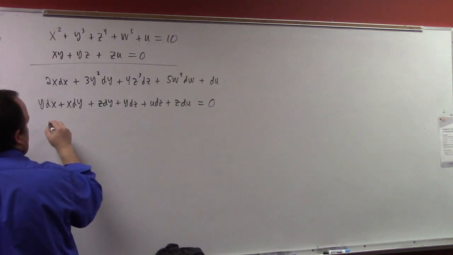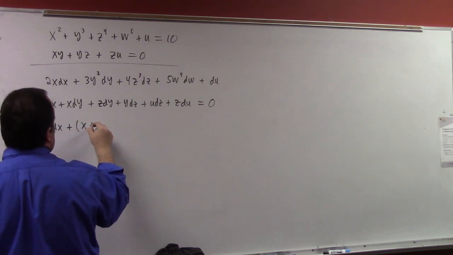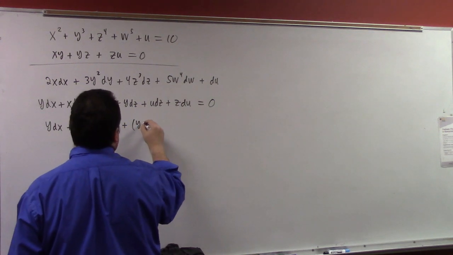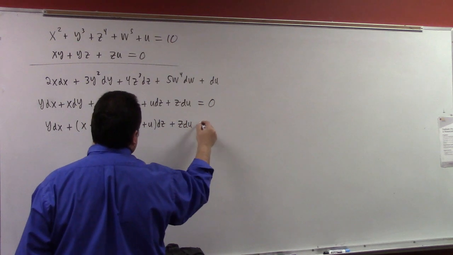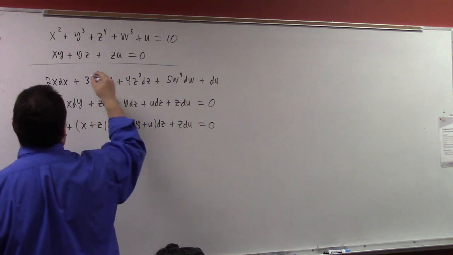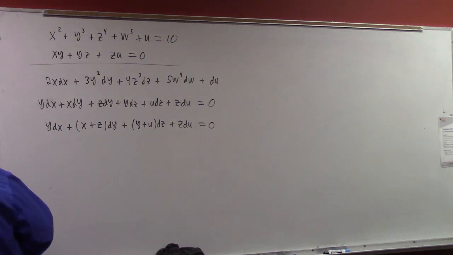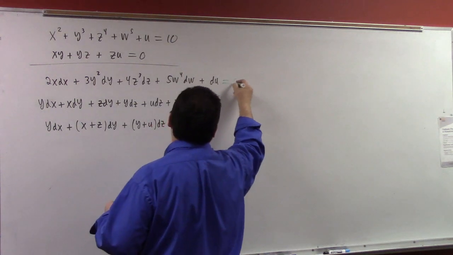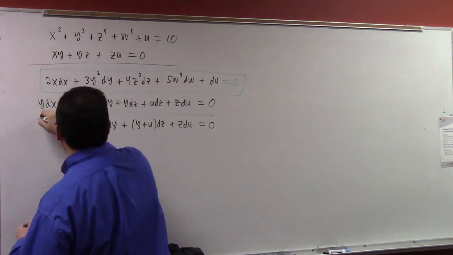So I have y dx plus (x plus z) dy plus (y plus u) dz plus z du. Right, so we'll focus our attention on these two. This is equal to 0, of course, right? So look at this and look at that.